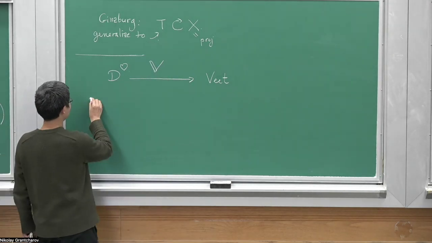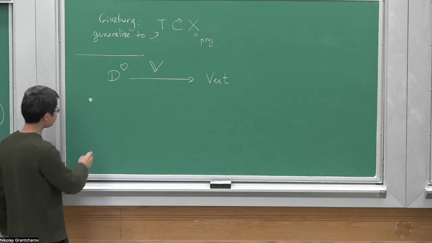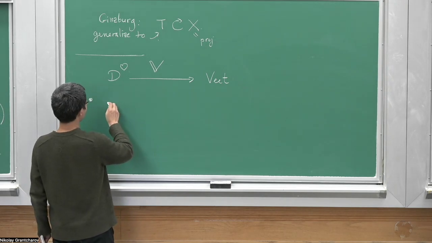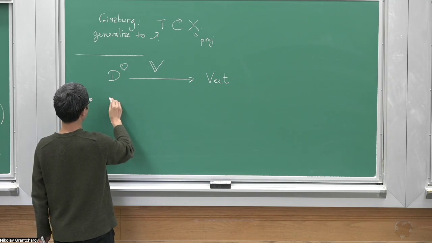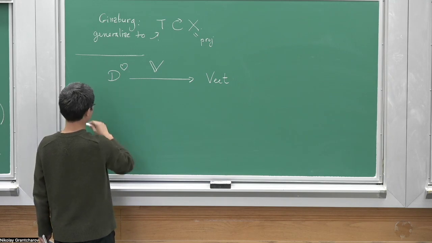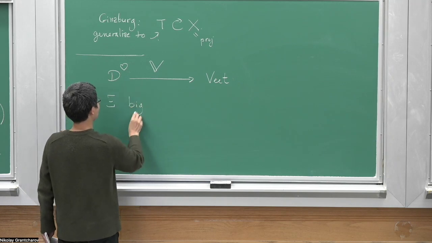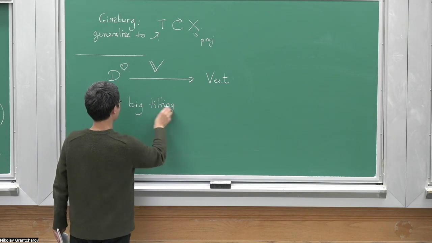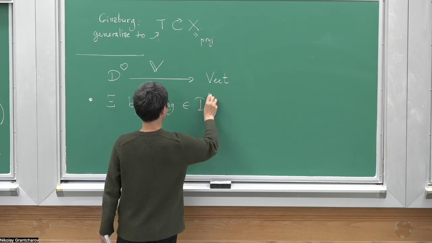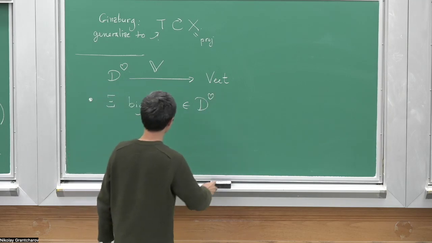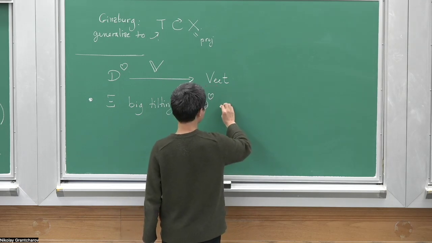There are two ways of looking at this functor. First, there is a distinguished object here called the big tilting, in Roman Bezrukavnikov's notation, the big tilting object inside this abelian category. This itself has several characterizations.